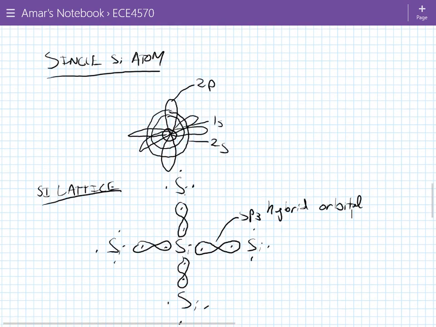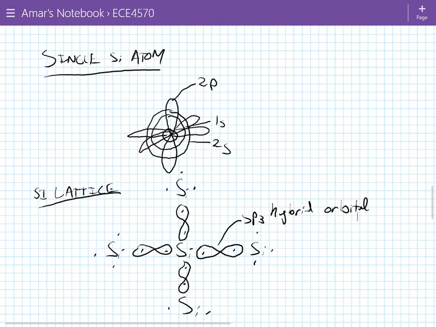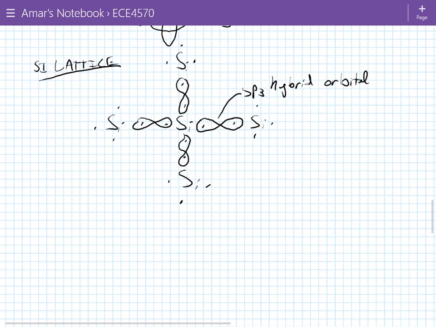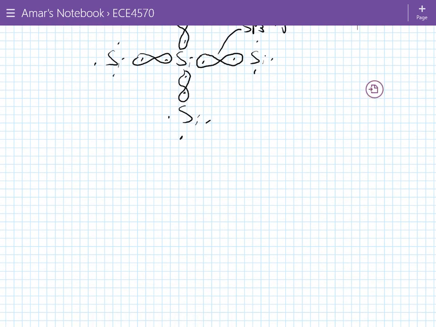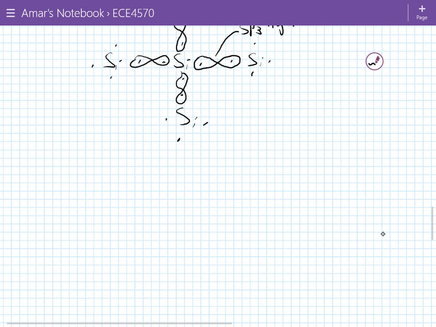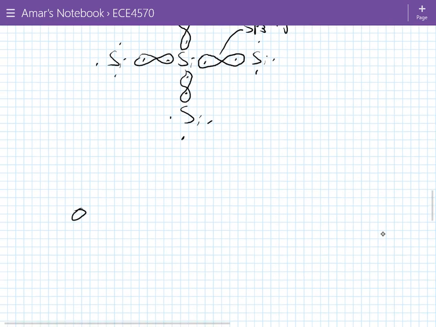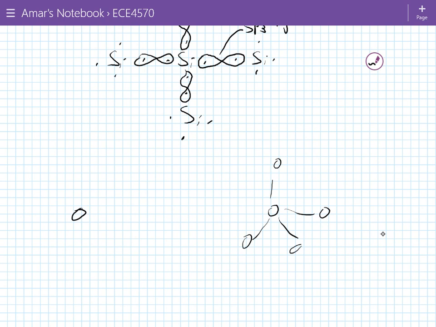So we've seen up here the single silicon atom has just one atom, so it has a certain electrostatic potential condition. This is a single atom, and then here we have the lattice. Let me just draw this better. Each one of these is connected to three other ones. So I'm just drawing portions of the lattice.